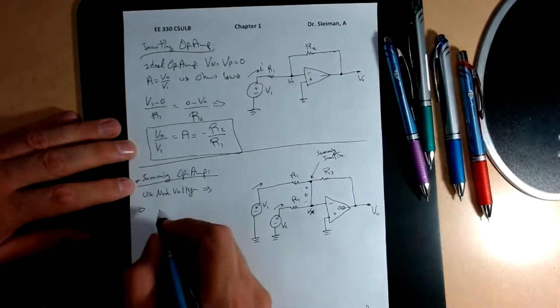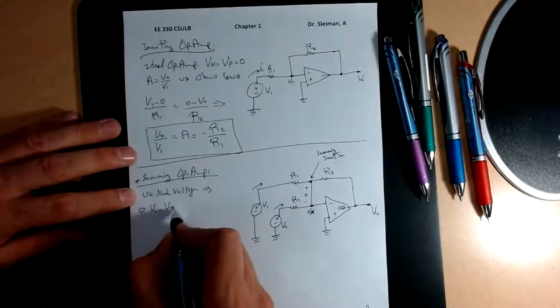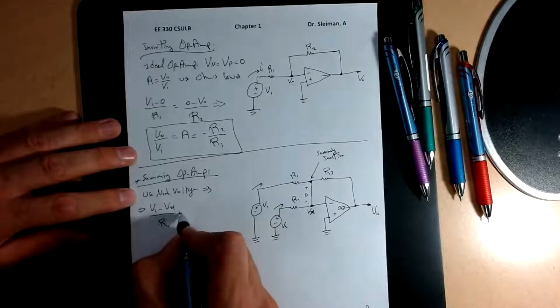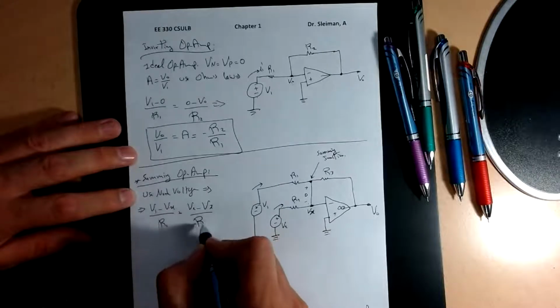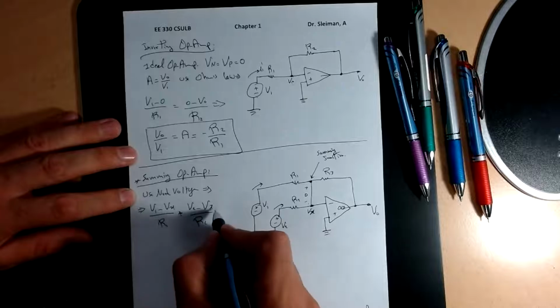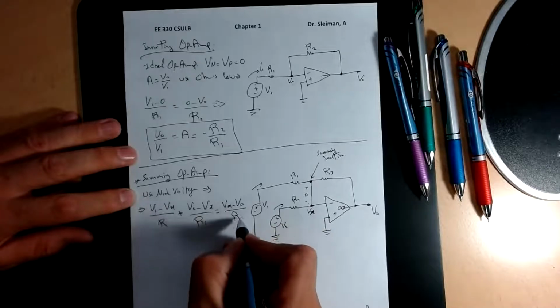So V1 minus Vx divided by R1 plus V2 minus Vx divided by R2 is equal to Vx minus V0 divided by R3.